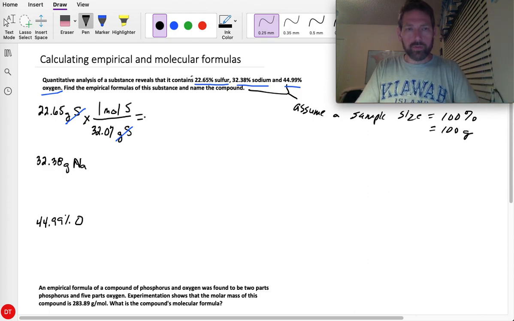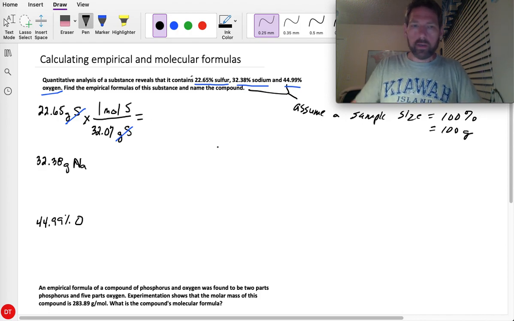We've got 22.65 essentially divided by 32.07. That gives us 0.706267. Okay, and then the only unit that's not canceled out is moles of sulfur.